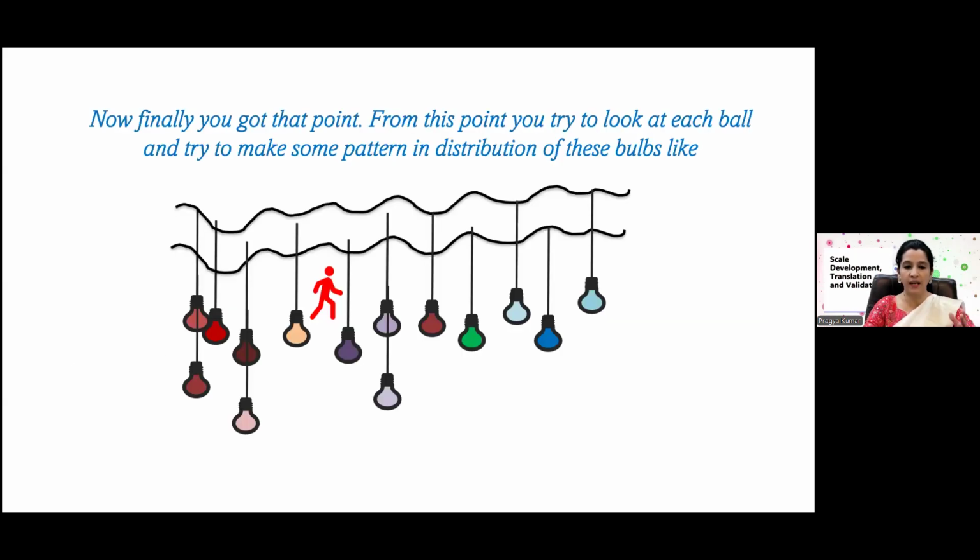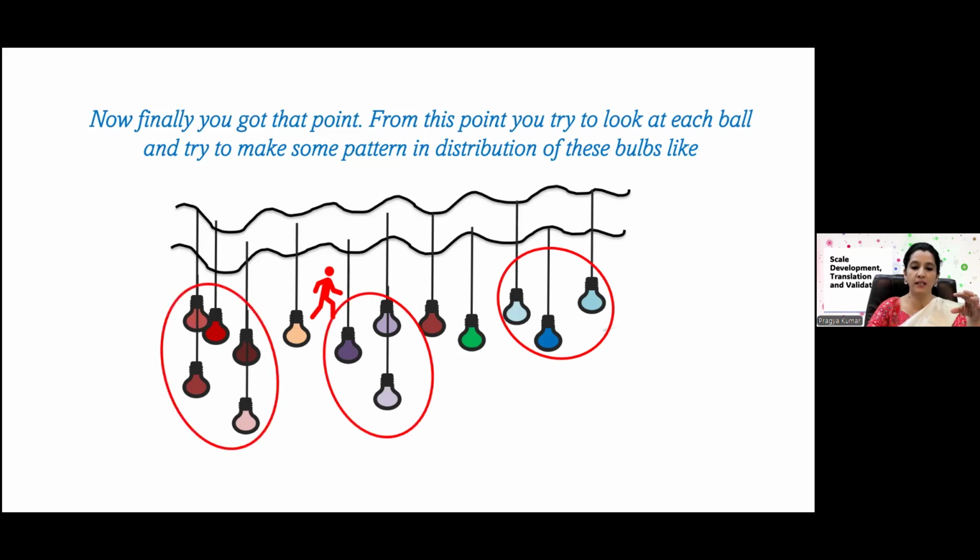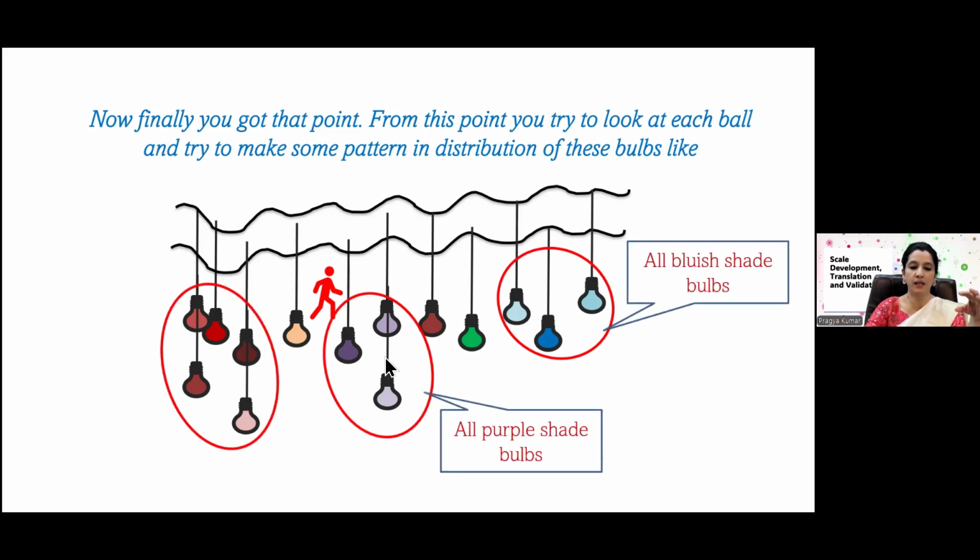So finally, we got this point and we tried to look and make some pattern from a distance. So you can make patterns like this, all like red color or all purple or violet color, all bluish shade. And these bulbs you can think of as individual items, and this is regarding the factor.